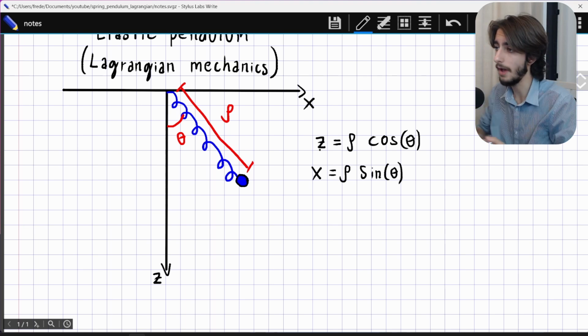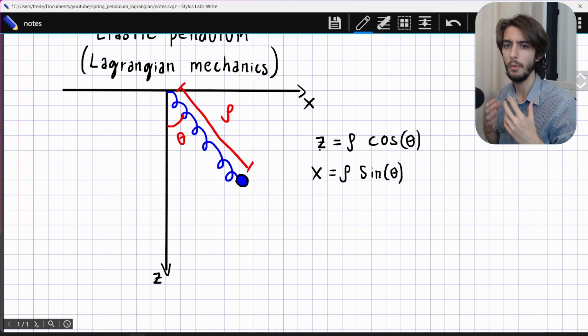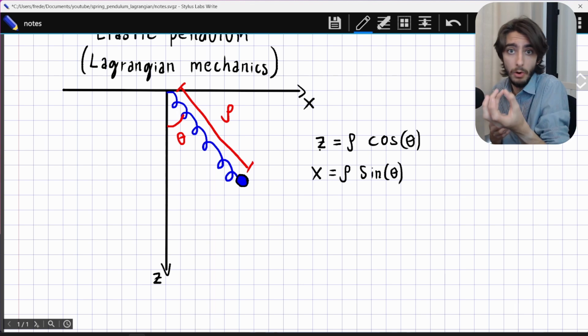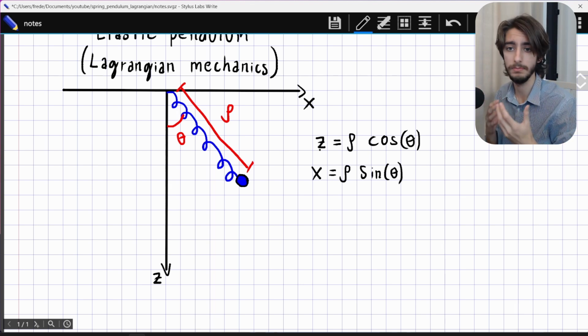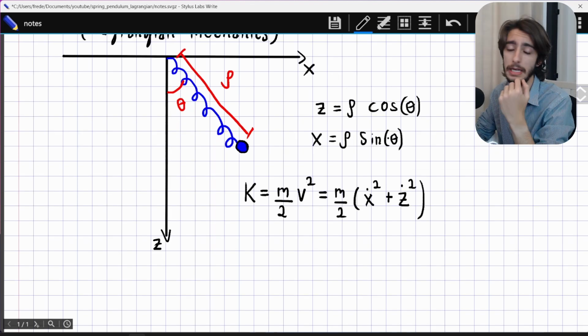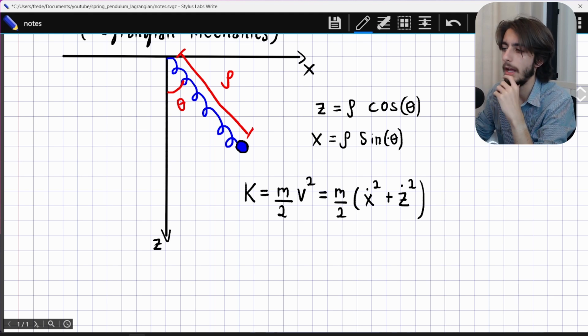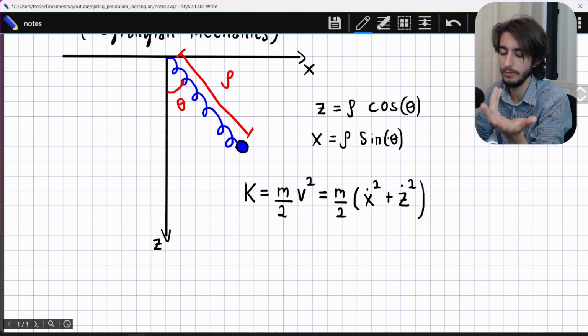Now that we have those relationships, let's figure out what the energies involved in this system are. First of all, we have the kinetic energy of our ball, of our weight. Let's go ahead and write out the expression for the kinetic energy. The kinetic energy term here is just going to be the usual m v squared over 2, where m is the mass of our particle, of our weight, and v squared is just the square of the velocity.